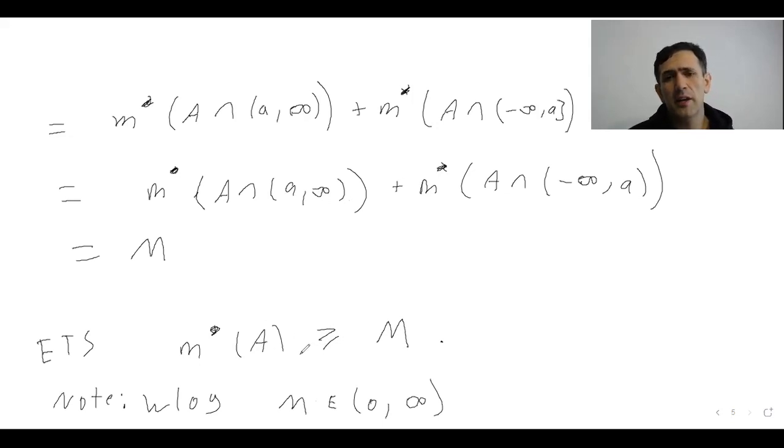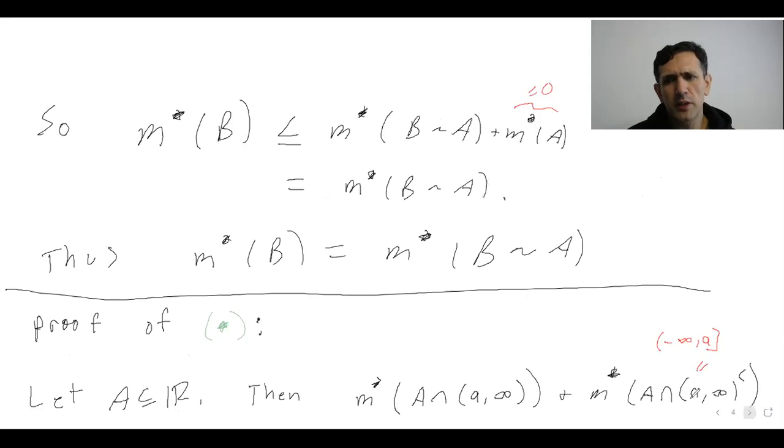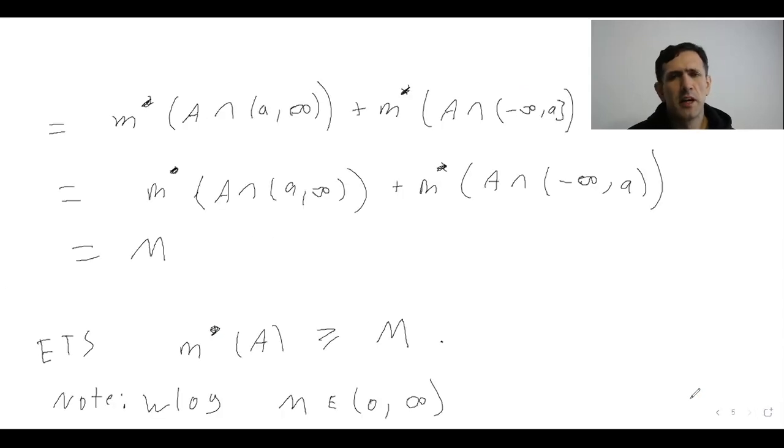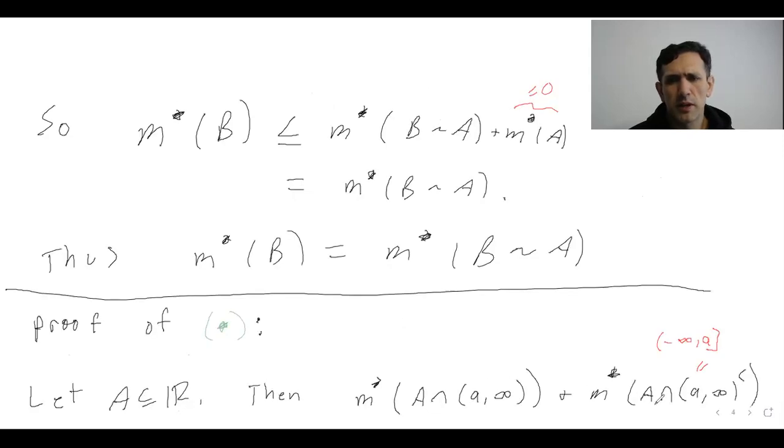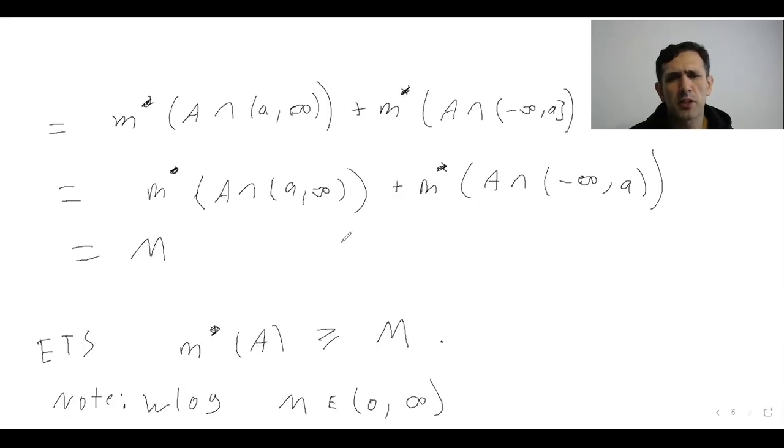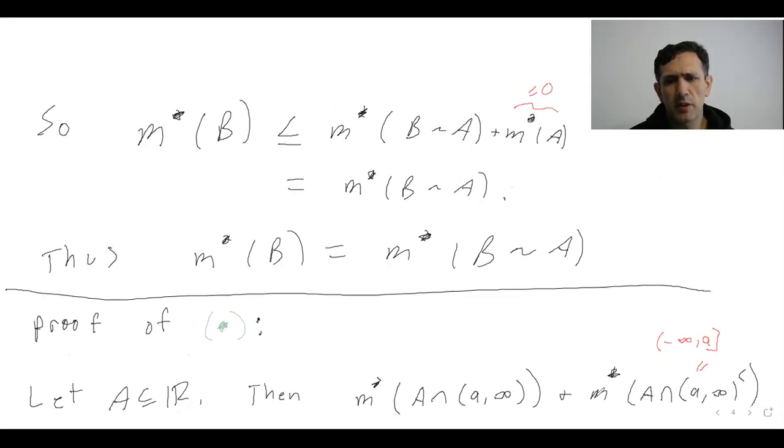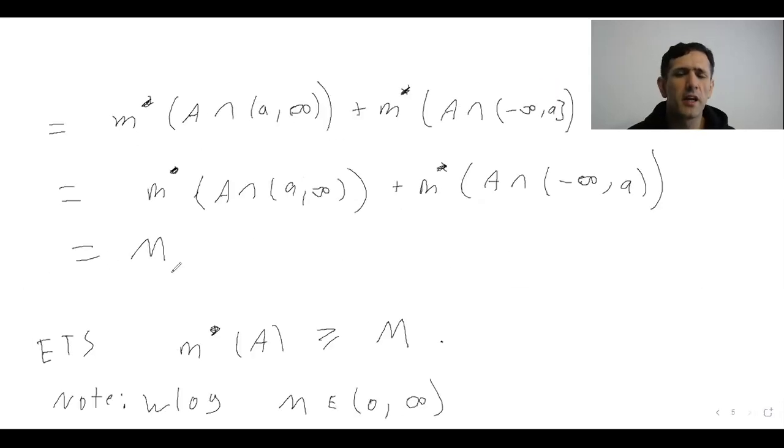On the other hand, if M is 0, then basically what we did here gives you that M star of A is less than or equal to this sum here, and the only way M is 0 is if both of these are 0, and hence this here is 0, then that means the outer measure of A has to be 0.